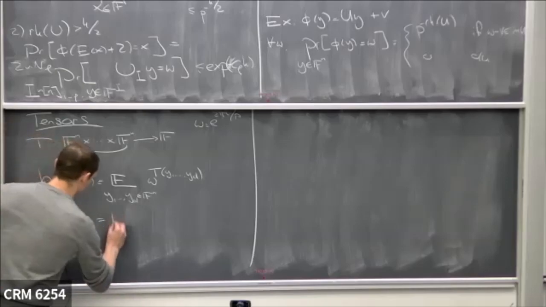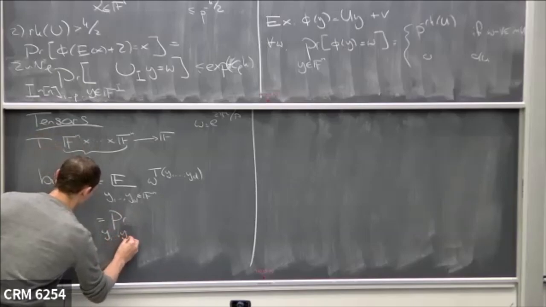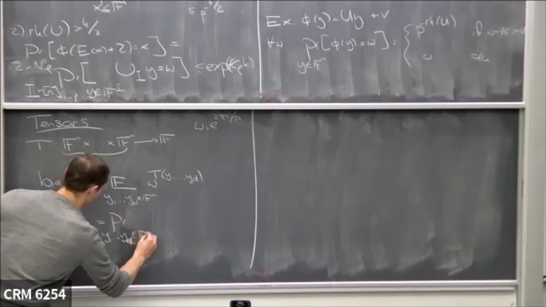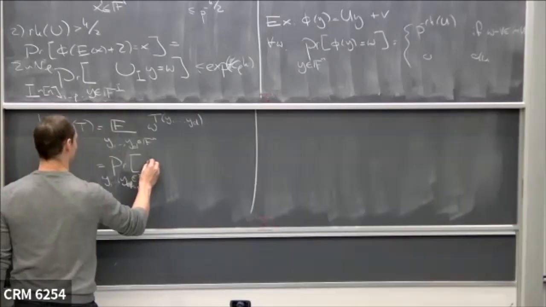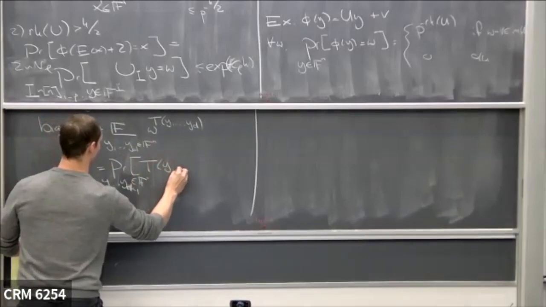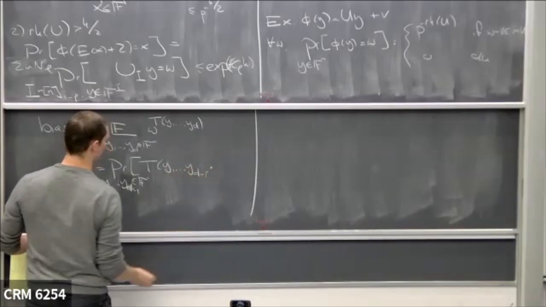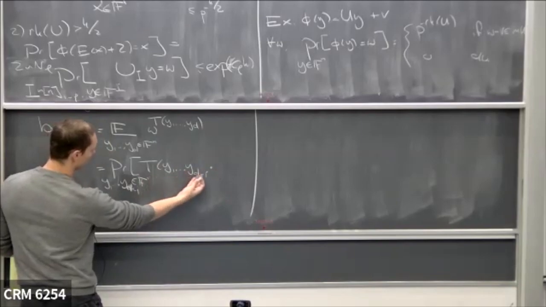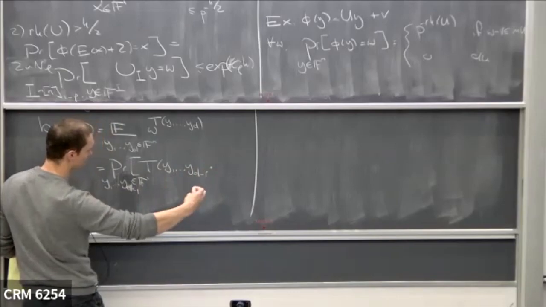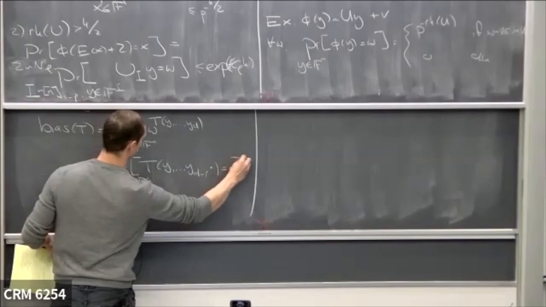So this is equal to the probability, when you take d minus 1 independent uniformly distributed random vectors in F^n, that T now only evaluated at these d minus 1 coordinates, with its last coordinate set free, so now you have a degree d minus 1 multilinear map from the (d minus 1)-fold Cartesian product of F^n to F^n, is equal to the all zeros vector.